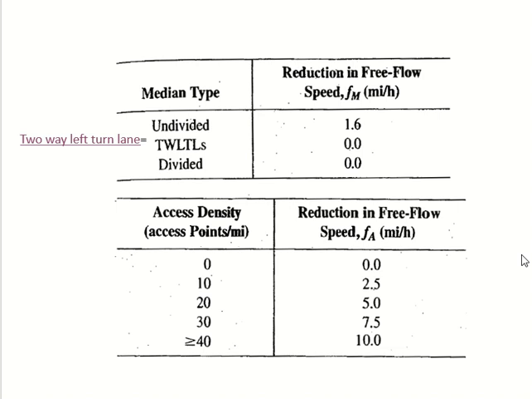Now, the last thing here: if the highway is undivided, that means there is no lateral clearance between the two directions, right? So the actual lateral clearance is what? 0. So this undivided condition already has an adjustment factor, 1.6. And it will also affect the lateral clearance as well. So it is affecting two factors for the same condition.